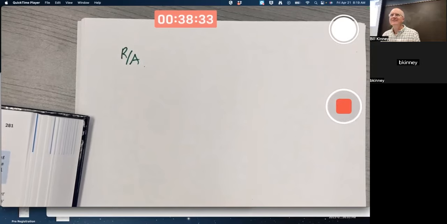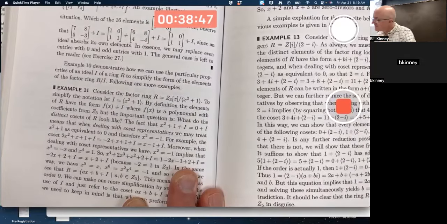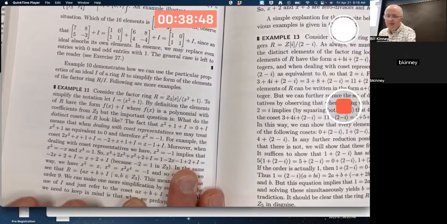Okay, there are some examples. Let's study at least one of these examples next in depth. How about study example 11? Consider this factor ring, Z3[x] mod the principal ideal generated by x squared plus 1.